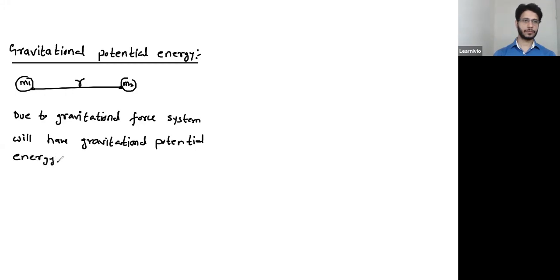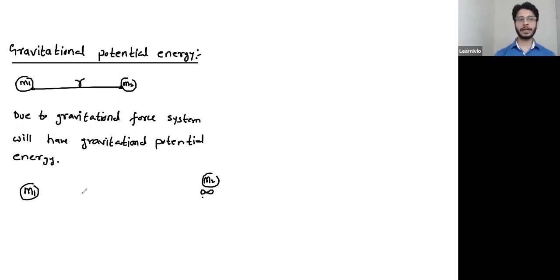To derive that potential energy, we take the help of work done. We take a mass m1 here, and we put another mass at infinity. Infinity means a point where the gravitational field of m1 vanishes.